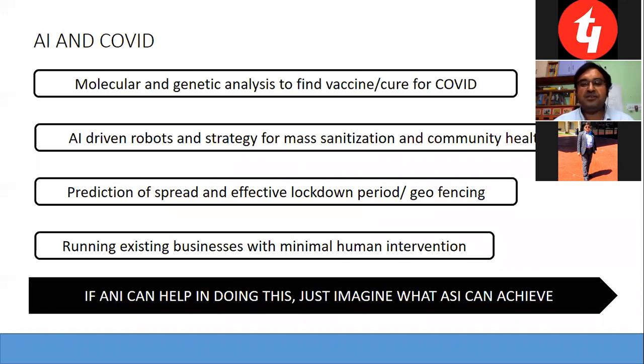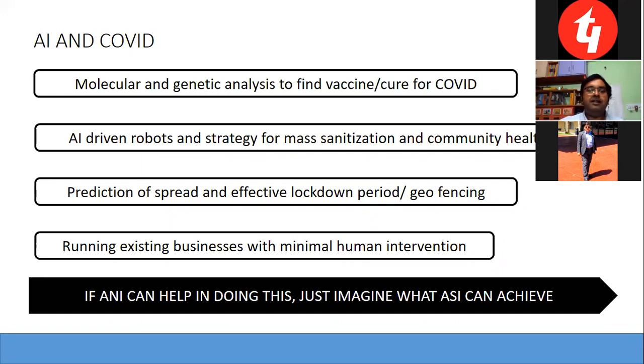That's a very strong point for them. It can also be used for prediction of spread, effective lockdown period, and geofencing systems. It can do all statistical and mathematical modeling in a jiffy and help us, and keep existing businesses running with minimal human intervention. That can be another positive point if we can use AI very strongly.